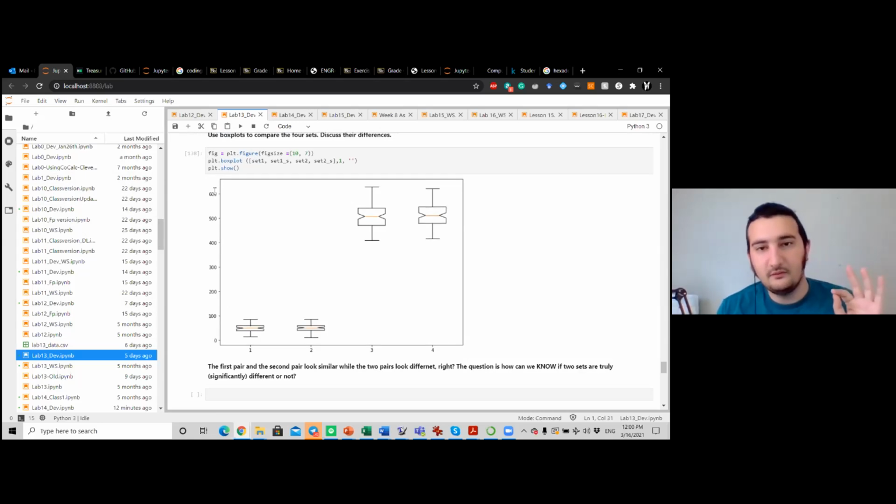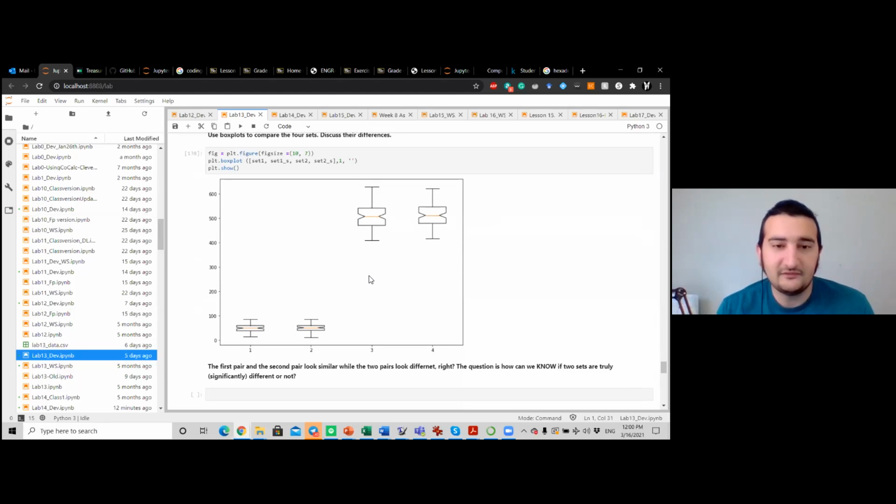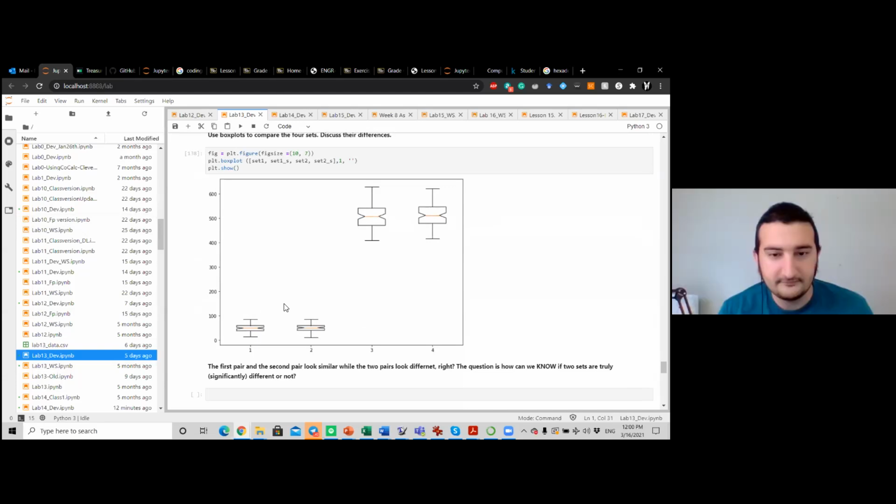And we drew some box plots and some histograms. At the end of the day, I asked you 3 questions. Do you believe set 1 and set 2 are similar or different? Similar. I have 1 for similar. Sorry, set 1 and set 1s, which are represented by 1 and 2 here.